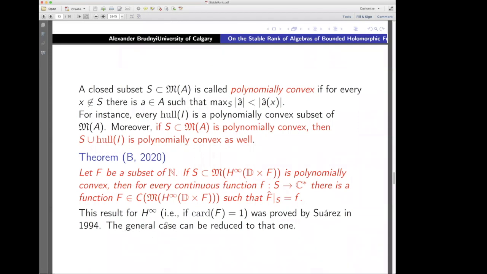So the general case that I proved this year can be reduced to the result of Suarez, provided that we know something about the structure of the maximal ideal space of H infinity of D times F. I know a bit more about this structure, so now I was able to prove the general result.